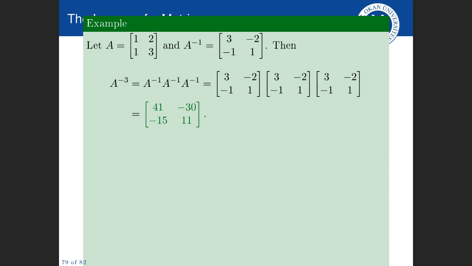Then A to the power minus 3, that's A inverse multiplied by A inverse multiplied by A inverse. Check for me that we get 41, -30, -15, 11. Choose any two of these, doesn't matter which two, multiply them together. Whatever you get, multiply by the other matrix, and you should get this matrix in green.